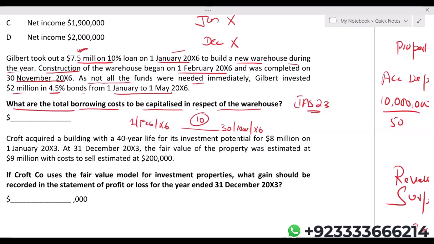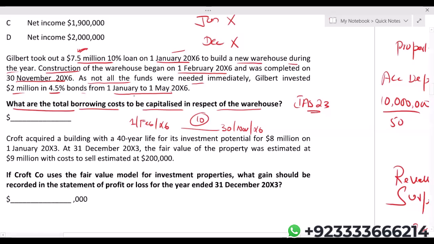But the important concept is, if I'm capitalizing the borrowing cost of 10 months, starting 1st Feb X6 and ending 30th November X6, then only within these 10 months, if the organization has invested any amount out of that loan, whatever return they have generated, either 1 month or 2 months, but the months should be within these 10, then the return which the company has earned by investing in short-term investment will be deducted from the borrowing cost.